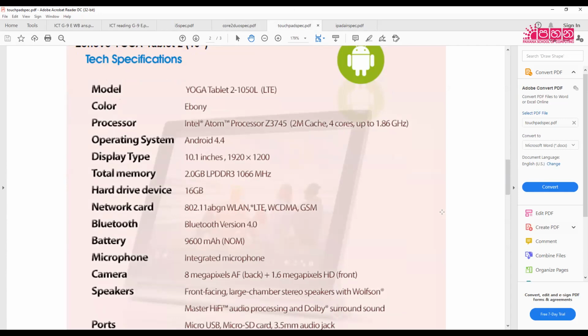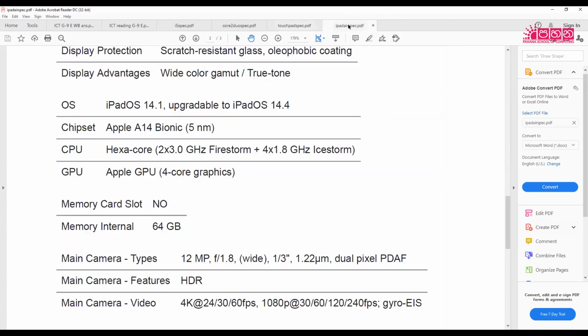Yes. What is the hard disk space? 2.0 GB. Now that's memory. It says memory. We are discussing hard drive, hard disk space. 16 GB. Yes, exactly. It's 16 GB. Good. Next one.